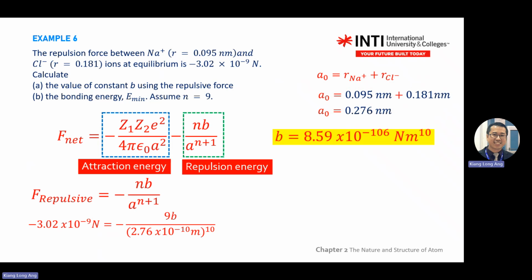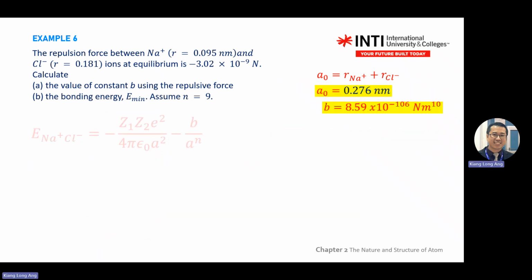It should be 100, because 10 squared is 100, and then multiplied by 9. Okay, you get the B.